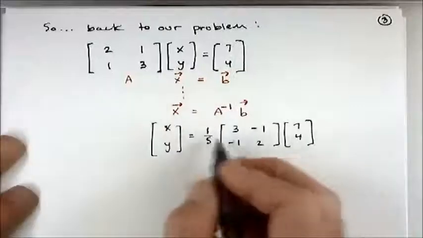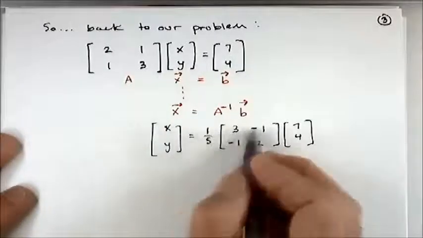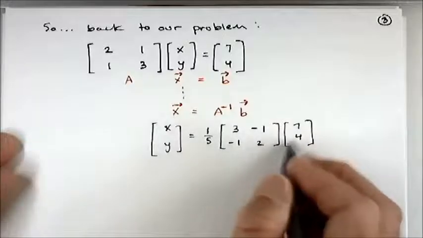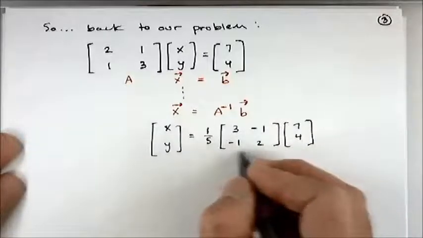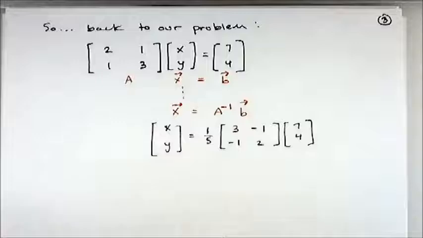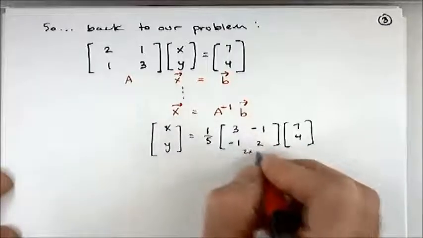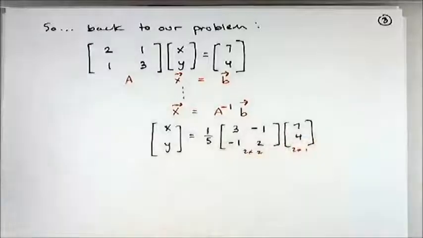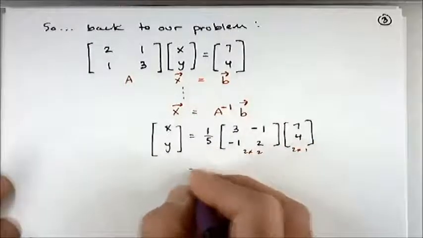And you have a couple options. With a constant, if you want to, you can put the 1/5 in there, but that might make the rest of the multiplication ugly. I suggest we just multiply these two, right? This is a 2 by 2 times a 2 by 1. So let's multiply these two matrices together, and then we'll multiply by 1/5.